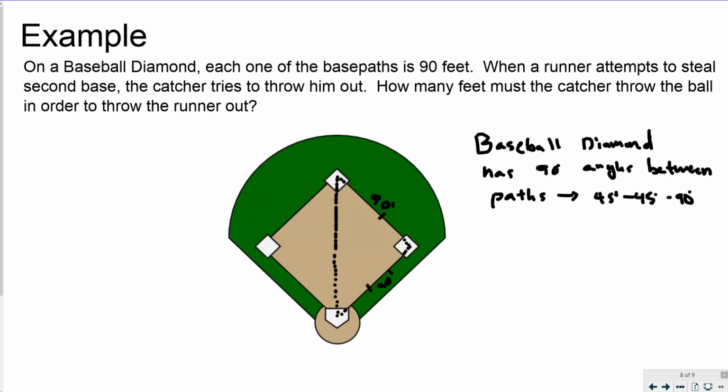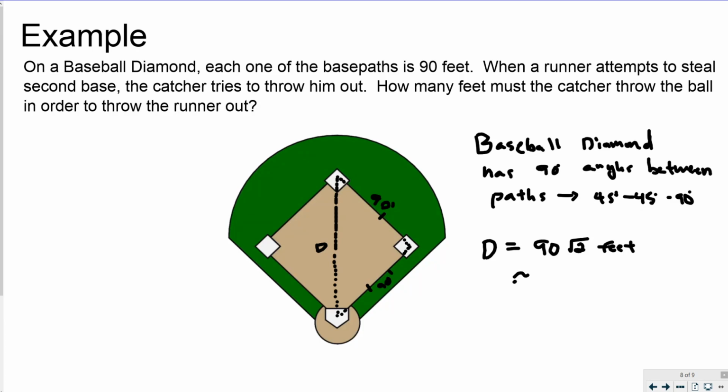So, using that fact, I can then say that the distance that the catcher has to throw the ball must be equal to 90 times the square root of 2 feet, using the properties of a 45, 45, 90-degree triangle.